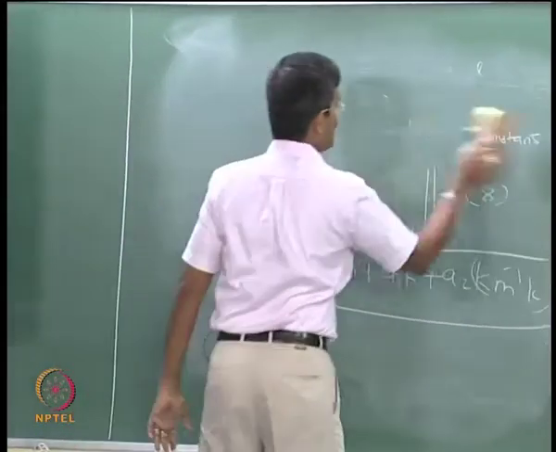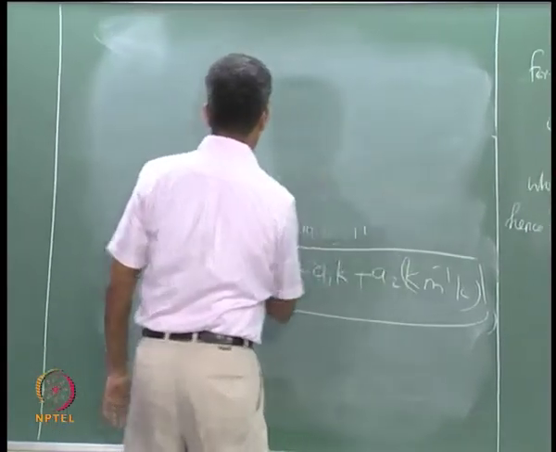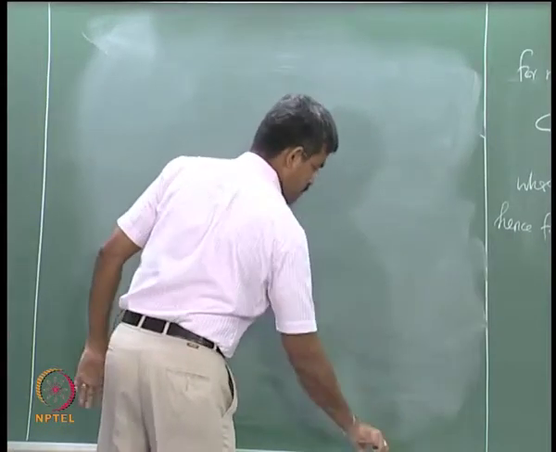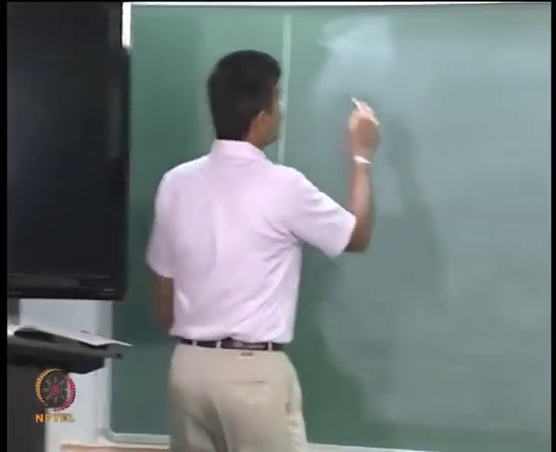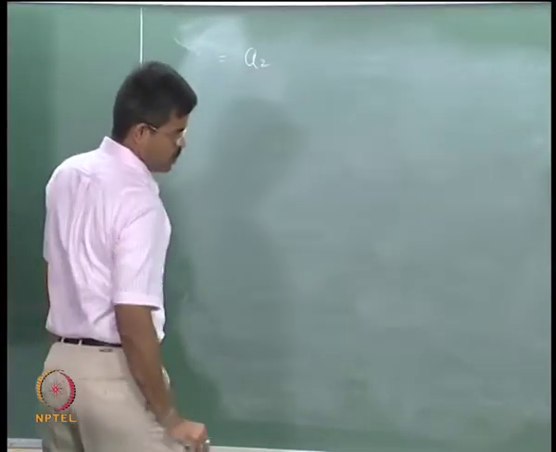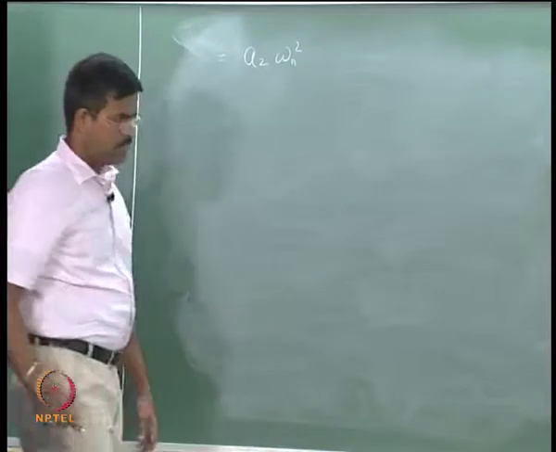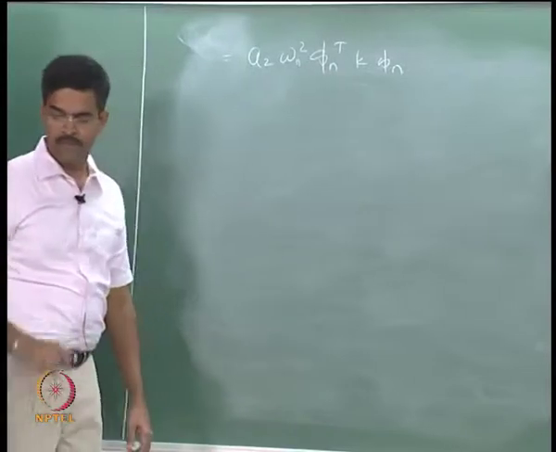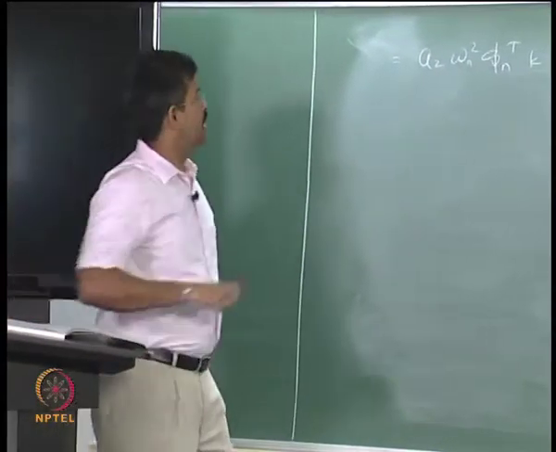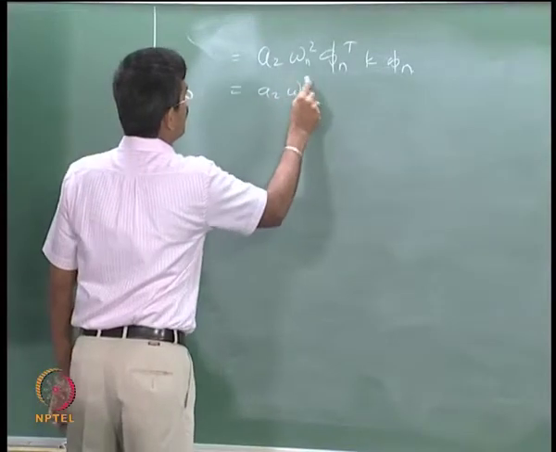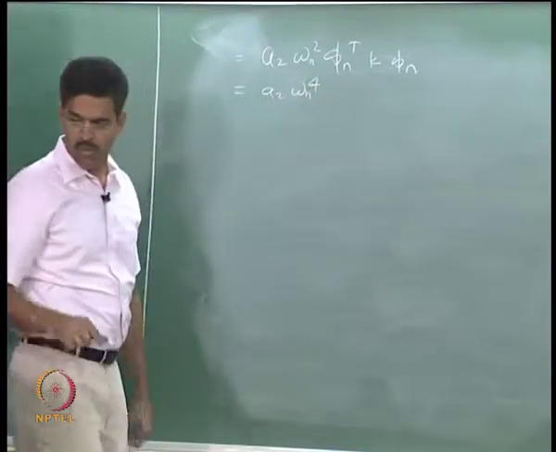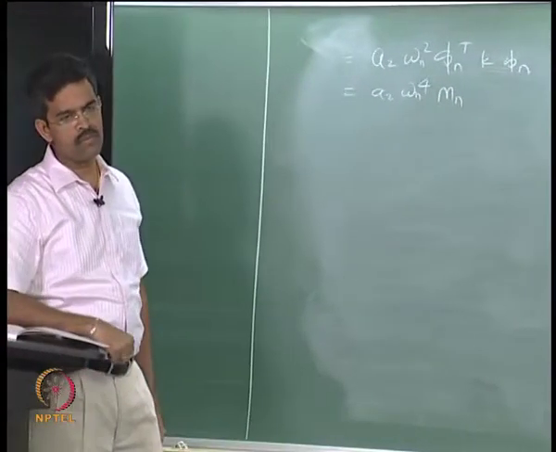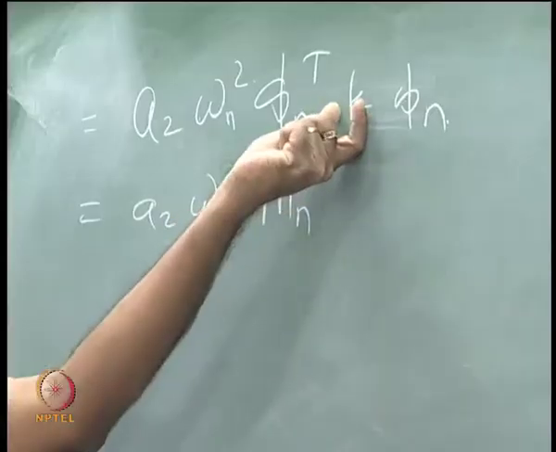From the principle of orthogonality, it is omega square m, so also equal to omega square m. So I can rewrite this further as A2 omega square n, phi n transpose k phi n, which can be said as A2 omega n to the power 4 mn, because this will be omega square m.